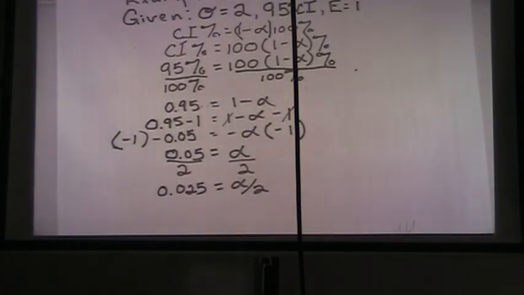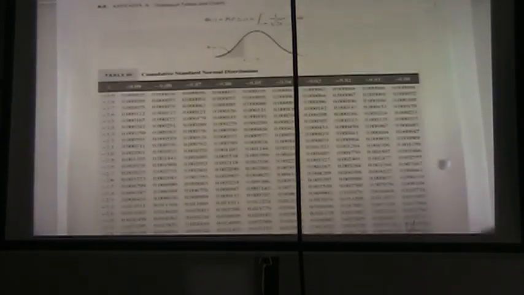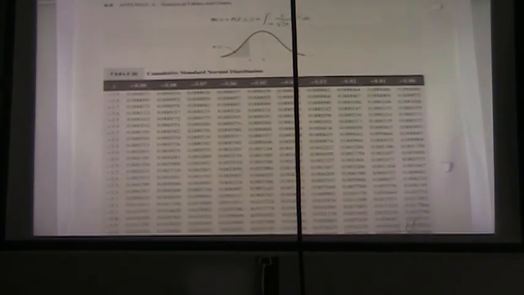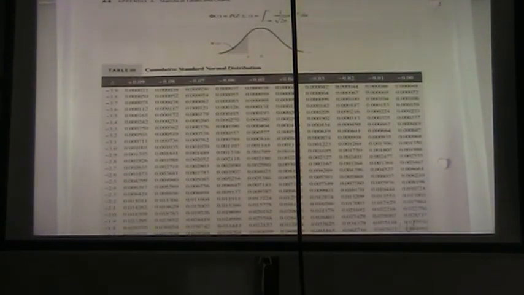All right, now I am going to take my z table and I'm going to say, where can I find the probability alpha divided by 2 equal to 0.025? All right, so I start looking here.